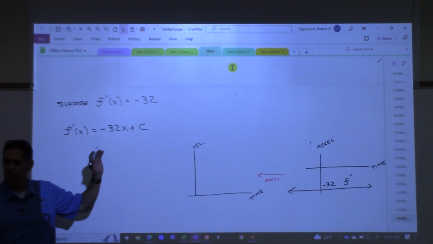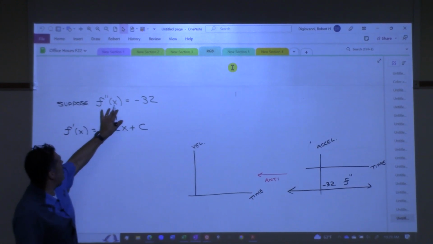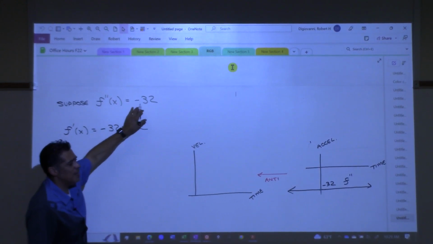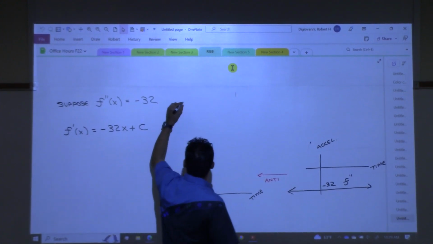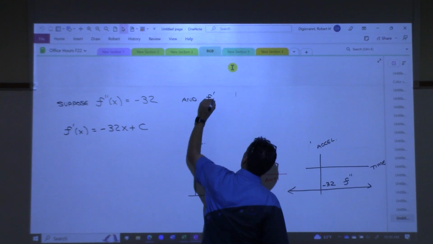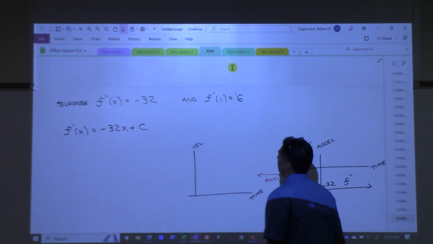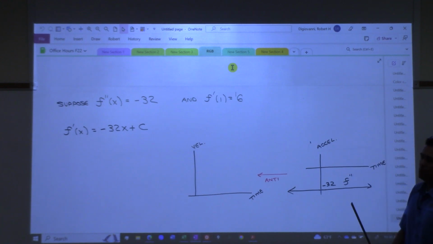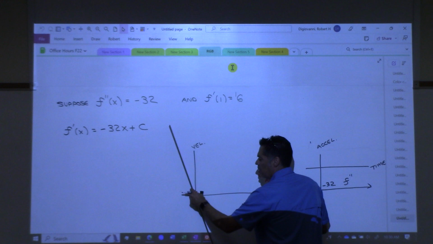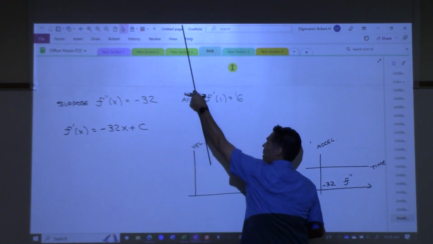So the only way for me to actually tell you what the c is, I have to give you some additional information in the beginning of the problem. So in the beginning of the problem, I say, suppose the second derivative is negative 32. I'm going to add something here. And I tell you that the derivative at 1 is 6. So I'm adding this information because right now we know that it looks like a line like this, but we don't know if it's this line or that line or that line or that line.